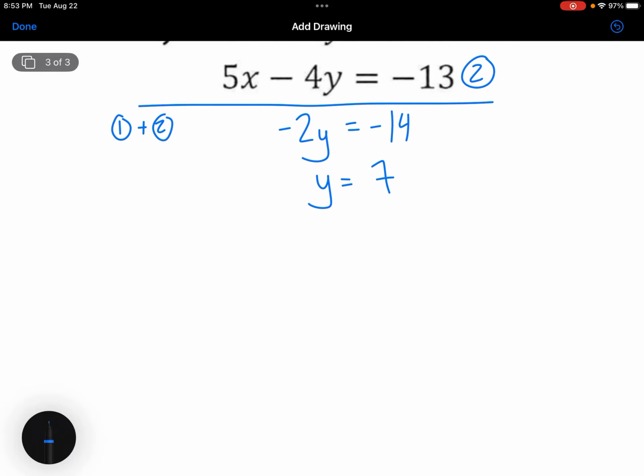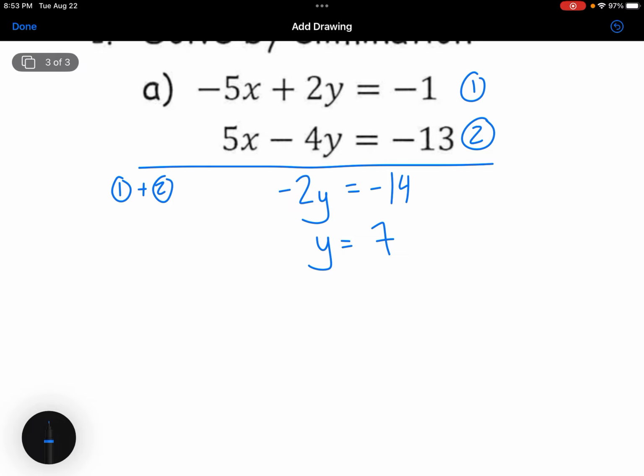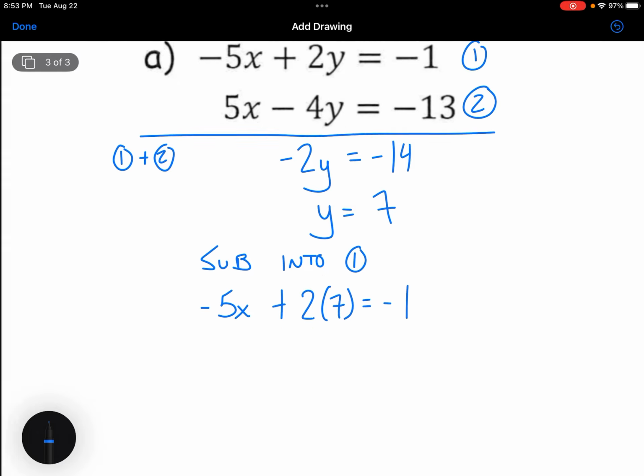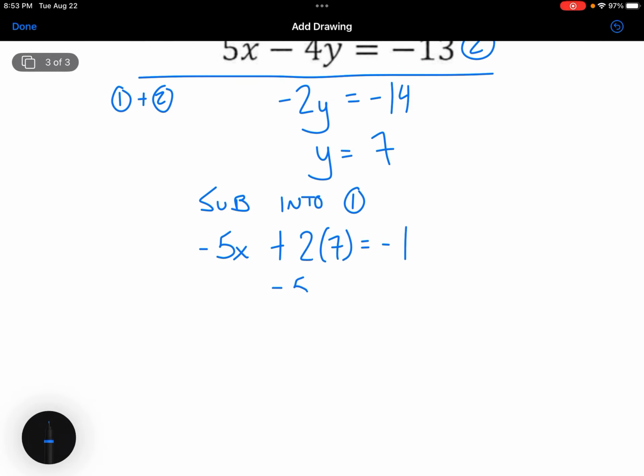After that, we're just going to substitute into one of our formulas. So I'm going to substitute into 1. We're going to get negative 5x plus 2 times 7 equals negative 1. 2 times 7 is 14.